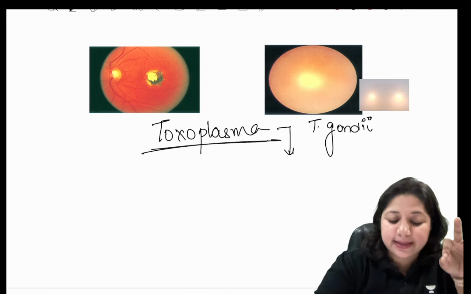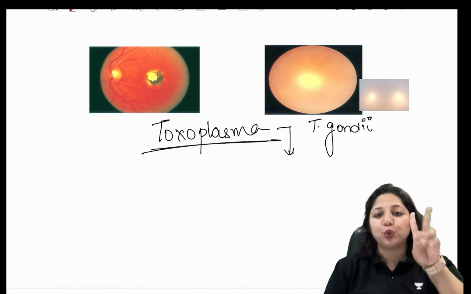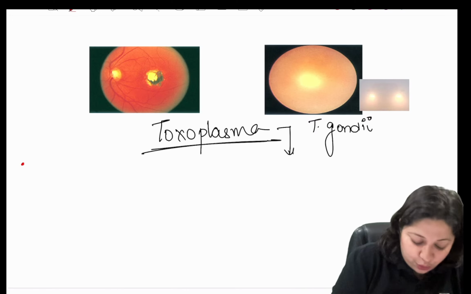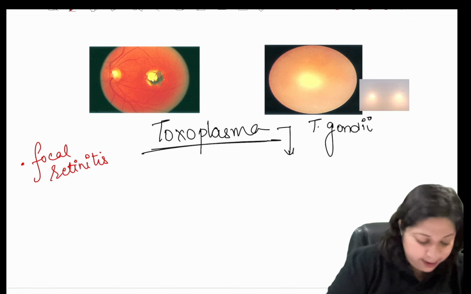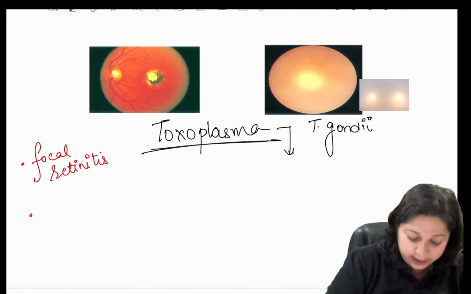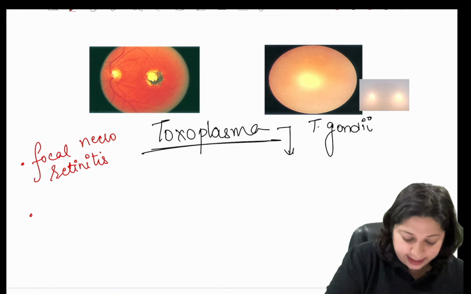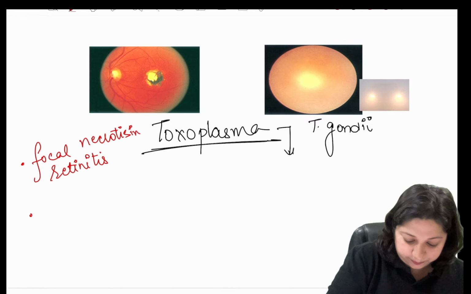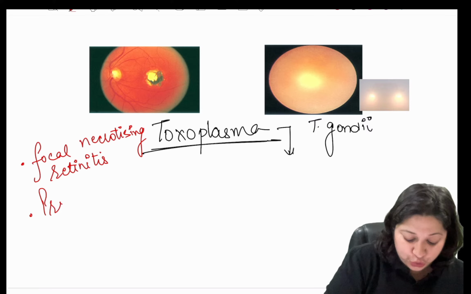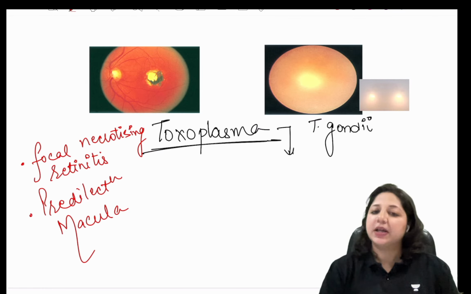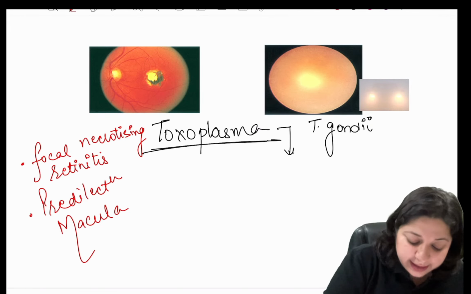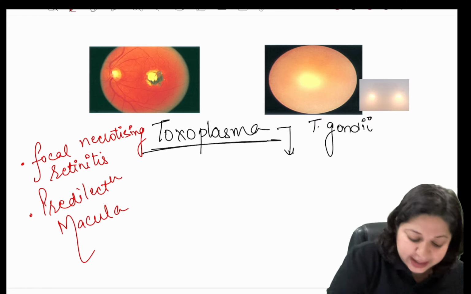And the classical thing about Toxoplasma, two things that you should remember: it causes focal retinitis, focal necrotizing retinitis, and it has a strong predilection for the macula. Right?